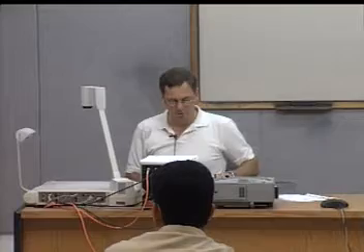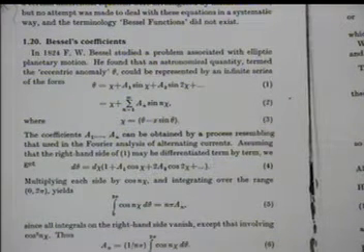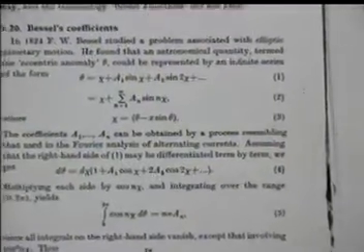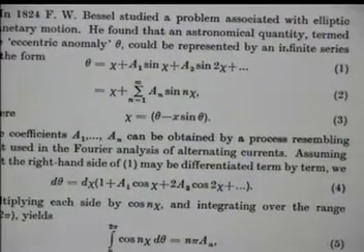One of the things that he worked with, as it says here, he found an astronomical quantity termed the eccentric anomaly, theta. And he came up with this infinite series that theta equals x plus a1 times sine of x plus a2 sine 2x, and so forth.